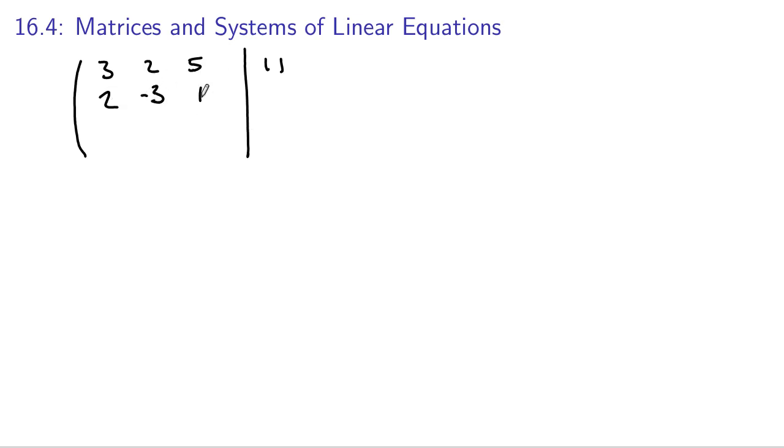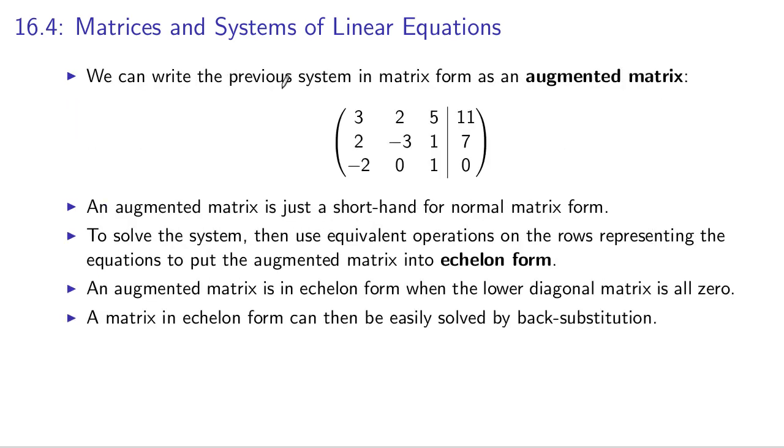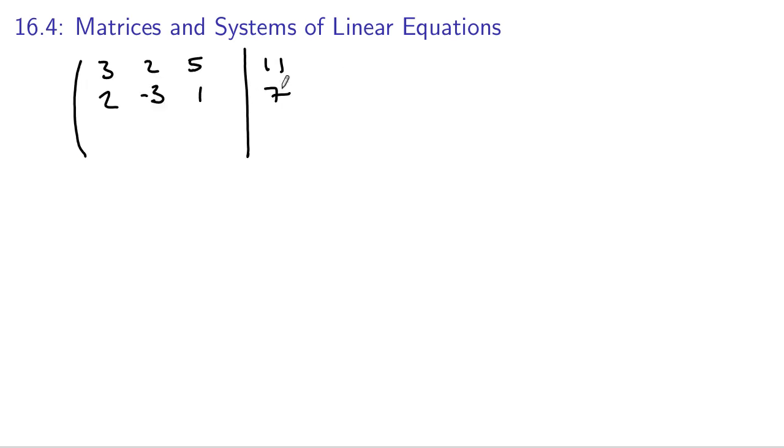Minus 2, 0, 1, 0. Okay, and our initial order of the variables, write this down on the side just so I keep track if I do a swap, it's x, y, z.